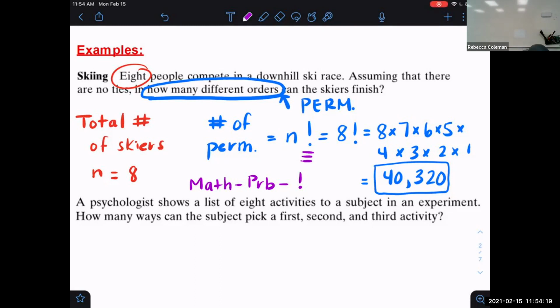Type in 8 first, then go PRB, and then to the exclamation, and then enter to evaluate. You guys on Zoom, anybody having trouble finding that? It's just going to make things a little easier down the road if you don't have to evaluate every single factorial with a product.